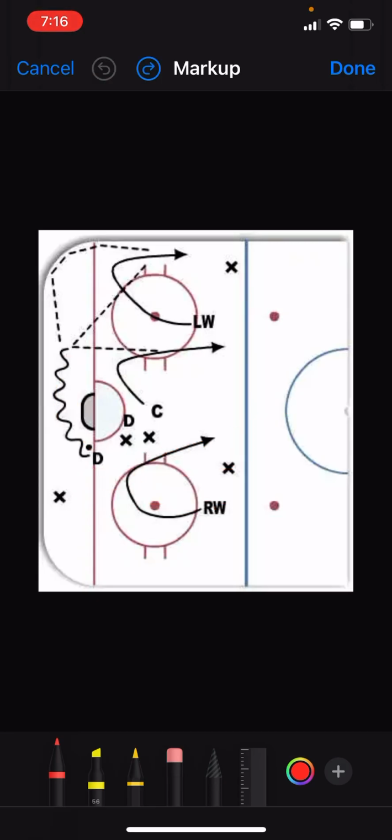Now, when you're the weak side, if I'm over here and I'm watching this, I don't need to skate as fast as this guy. When this guy realizes, hey, he's coming out my way, he needs to pick up some speed, and he wants to drop down here and be moving when he catches this pass. I might not need to be like that. I just might need to drift to the dot and wait for a second and figure out, is he coming back?